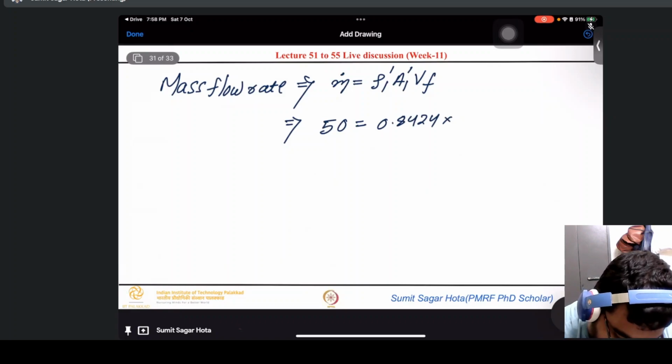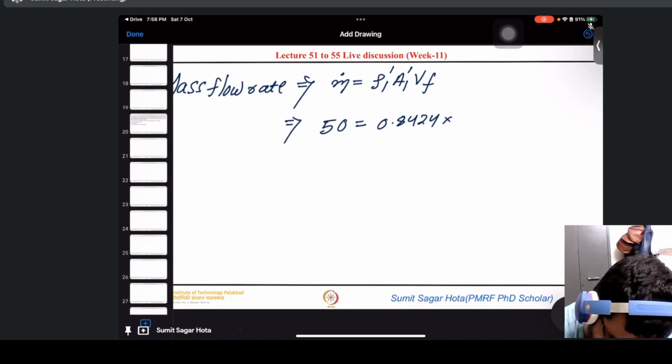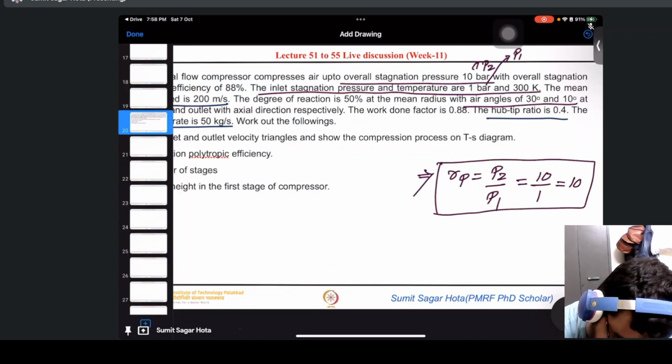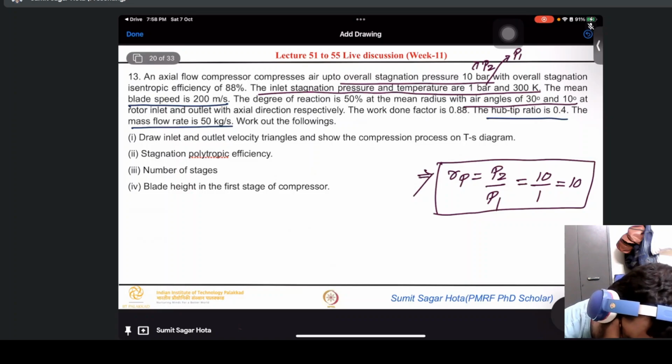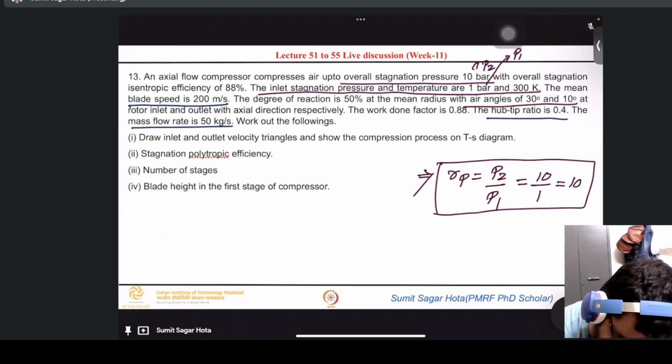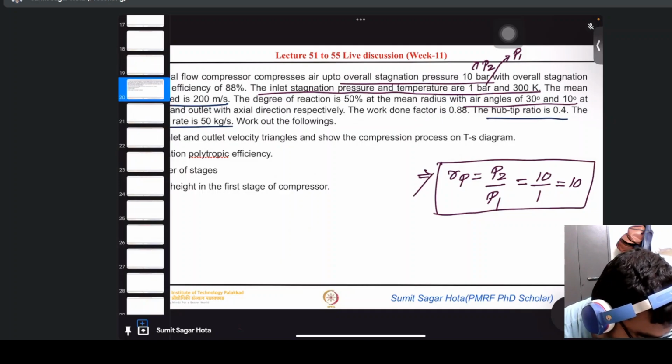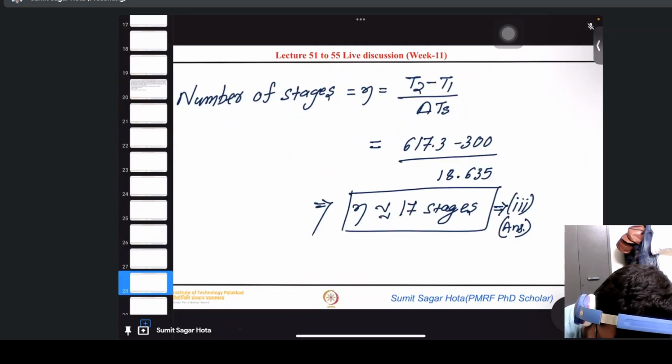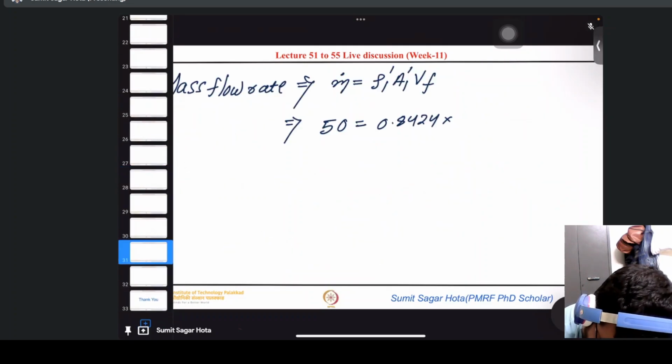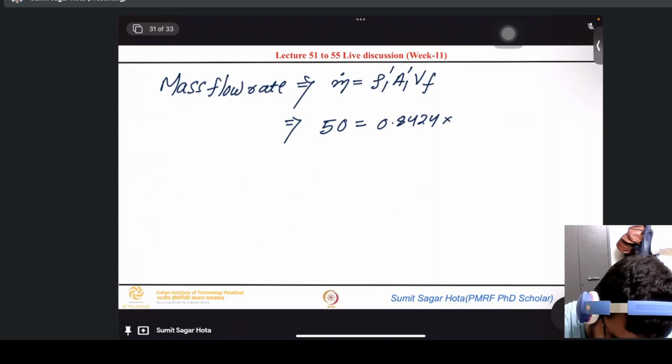A1 dash means, see here, one thing you understand. One to two is the process, and the hub tip ratio is there, so there will be a change in the diameter, or more precisely, in the height.